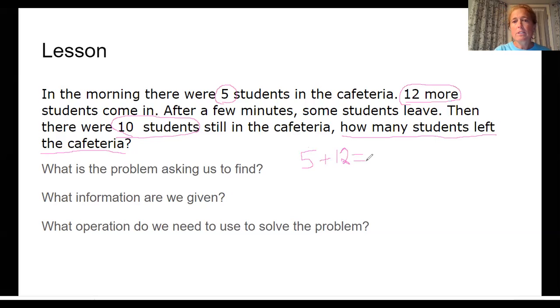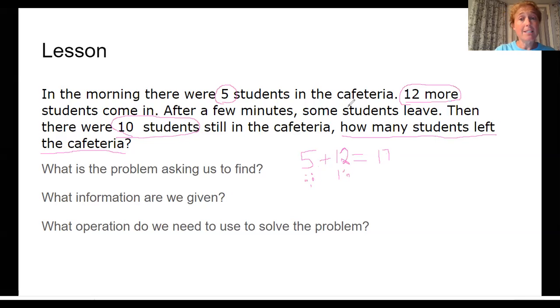And that is going to be 1 set of 10, 2 ones, and then 5 ones. Okay, so that's 5, 6, 7, and 1 set of 10. So it is 17. All right, so there's 17 children in the cafeteria.